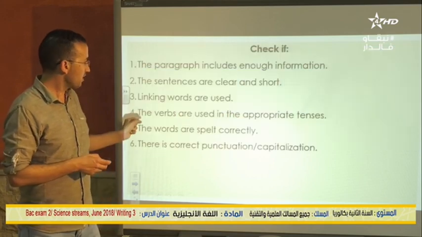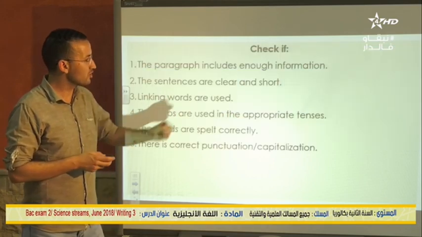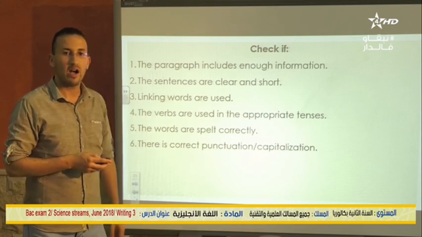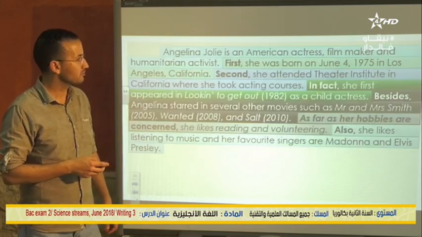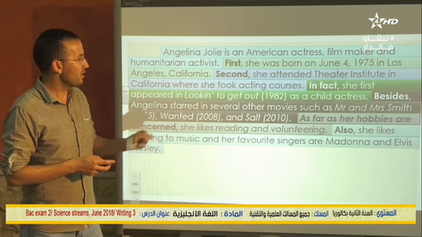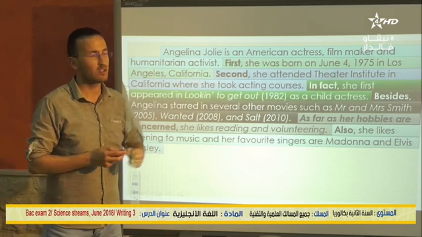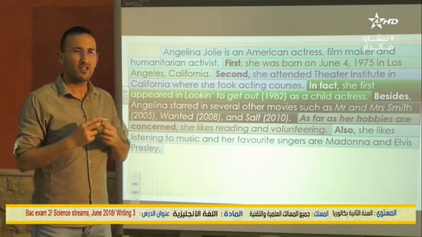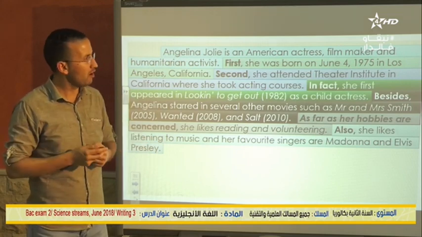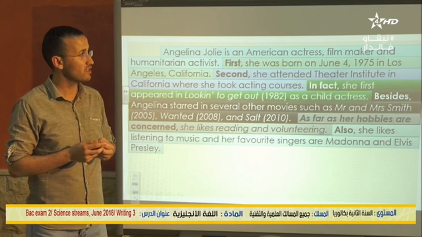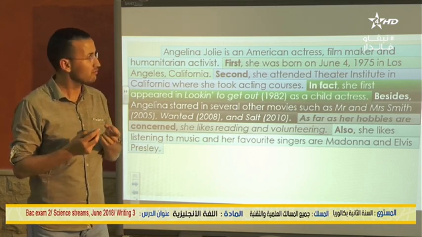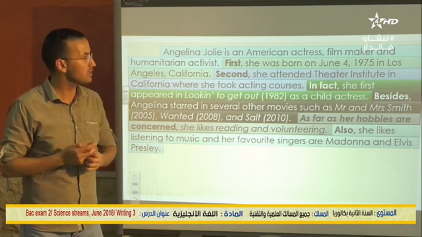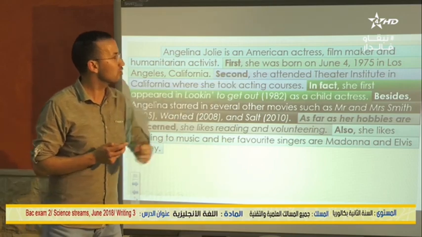The next one is if the verbs are used in the appropriate tenses. So, for example, let's take this one. She was born. Okay, so she was born on June. If you say, for example, she is born on June the 4th, 1975, then you're not using the appropriate tense. Or the second one.